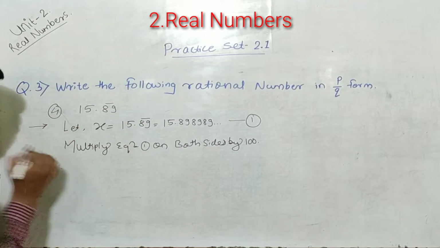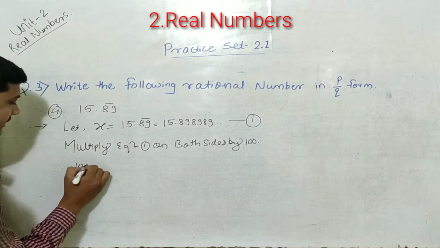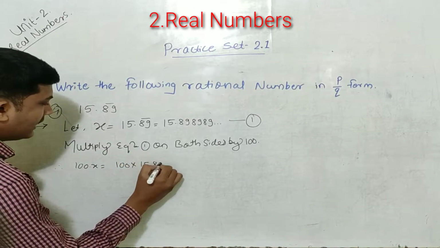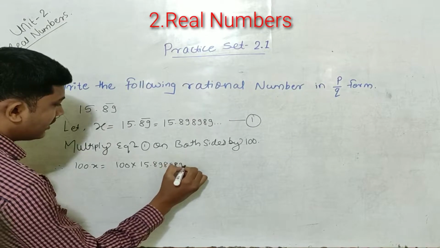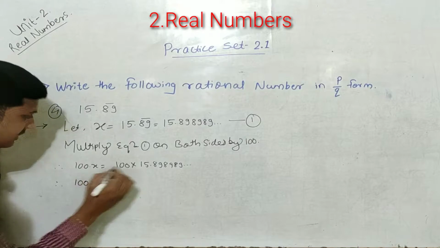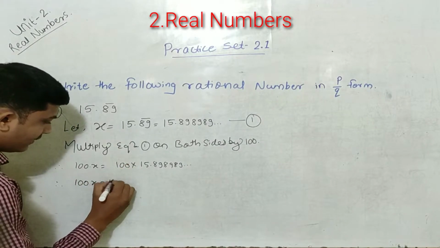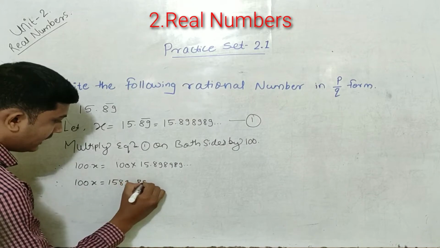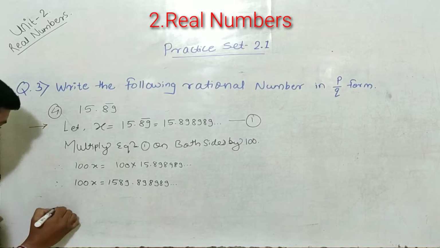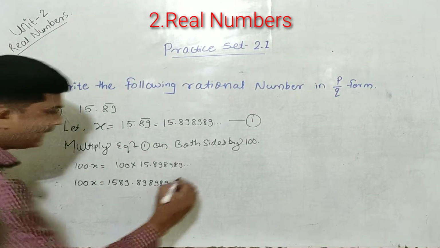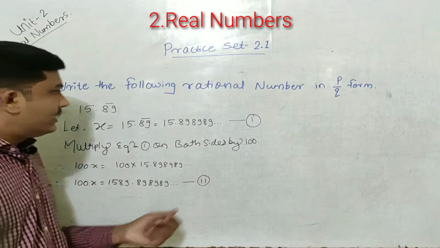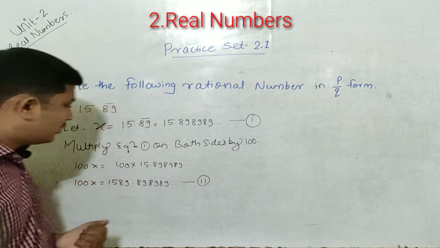We get 100 times x, which is equal to 100 into 15.898989 dot dot dot, which is equal to 1589.898989 dot dot dot. Now say it as equation 2. Now subtract equation 1 from equation 2.